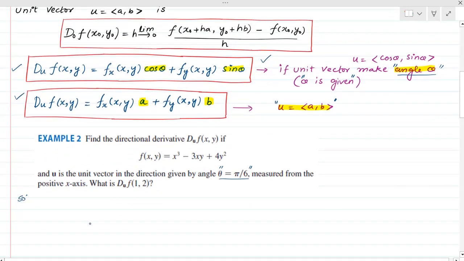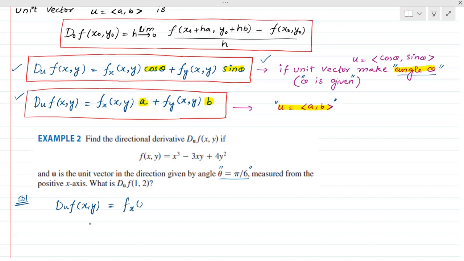This is the directional derivative D_u f(x, y), given by f_x(x, y) cosine theta plus f_y(x, y) sine theta. So what is the u vector? That is cosine theta, sine theta. The theta value is given as pi over 6. Pi over 6 is nothing but 30 degrees.